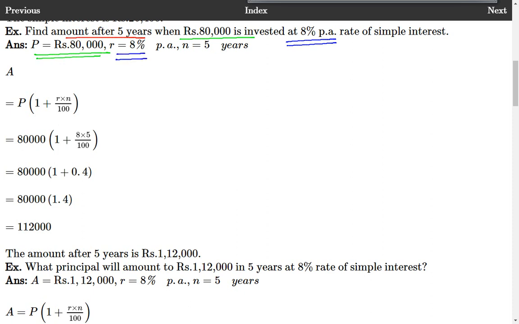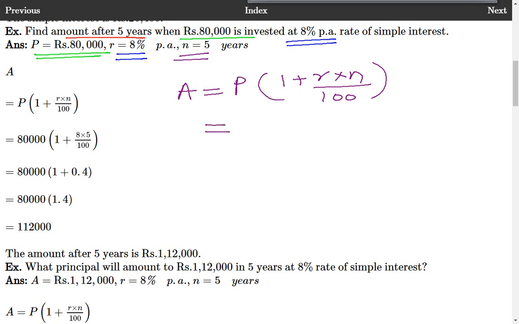Rate of interest is 8% and number of years is 5. So the amount is A is equal to P into bracket 1 plus R into N upon 100. There are only two formulas for simple interest. One is for simple interest and another is for amount. In this example, we are going to use the formula for amount.